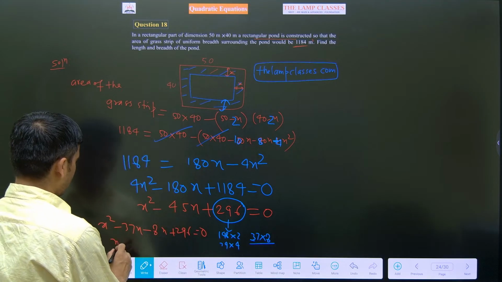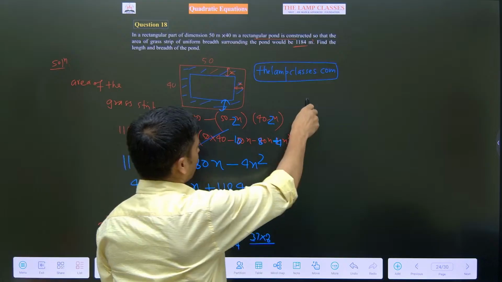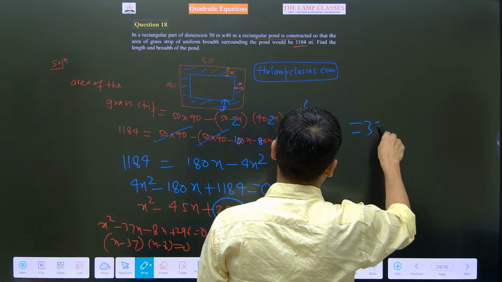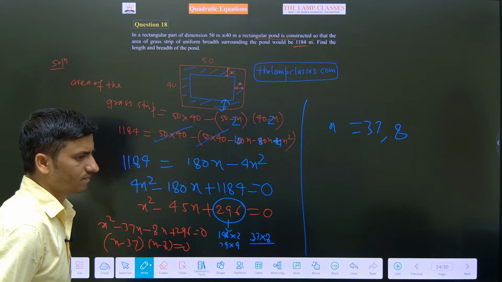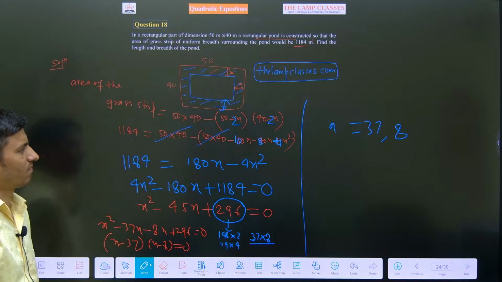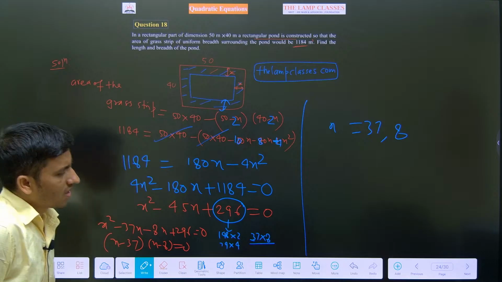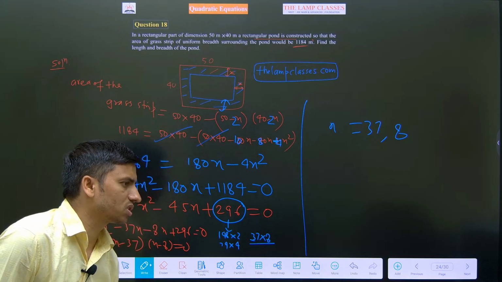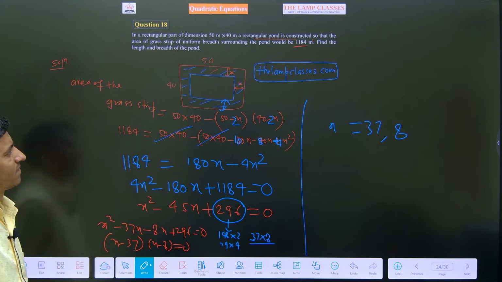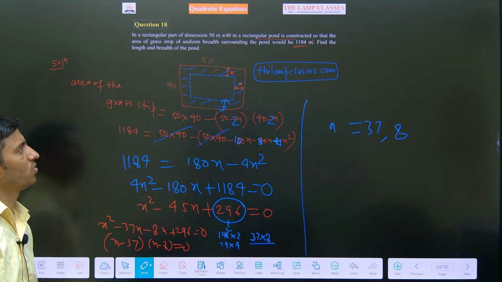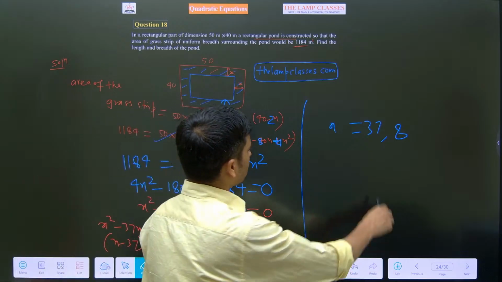I hope you all are getting that. So it's x minus 37 into x minus 8 is equal to 0. So x is 37, 8. Now do we accept both the solutions or we have to reject one? x equal to 37 will not satisfy the given thing, right guys? Can I say, because if x is 37, then 37 twice is 74, 50 minus that will not be, right? So this will be rejected.